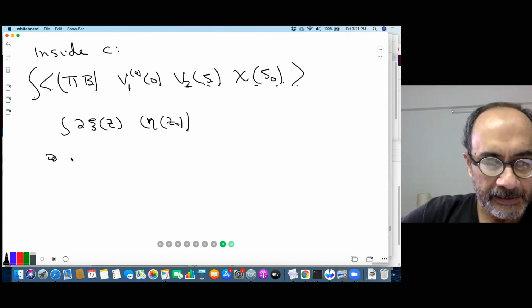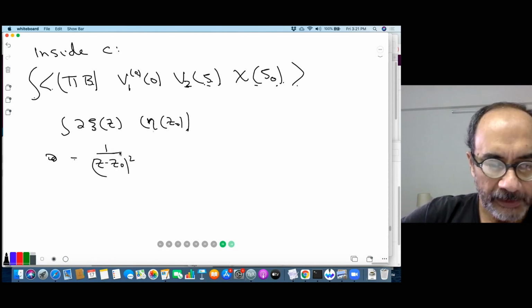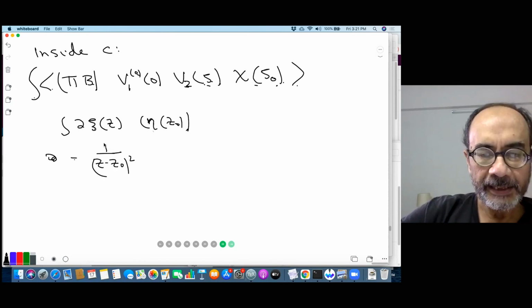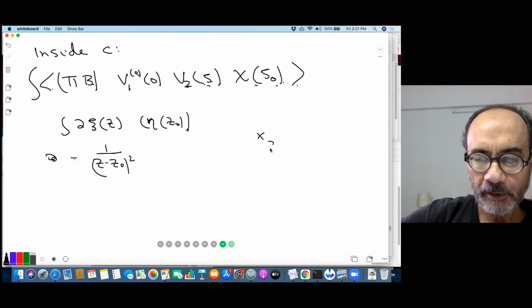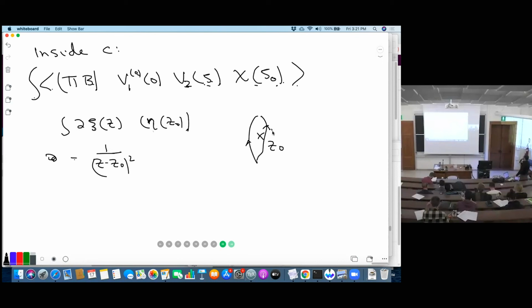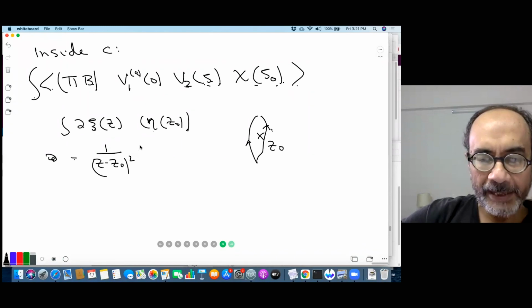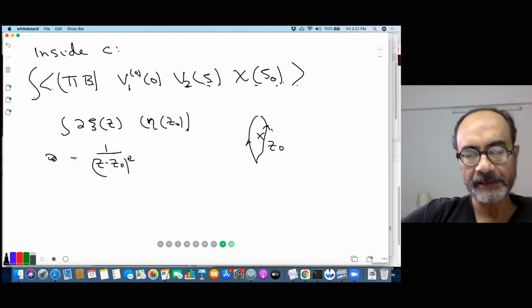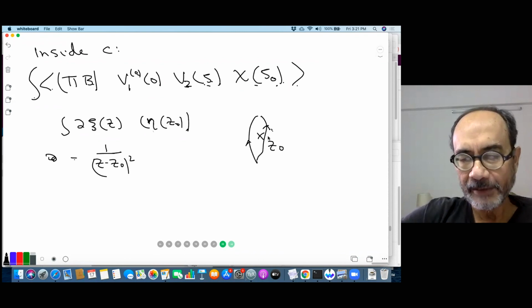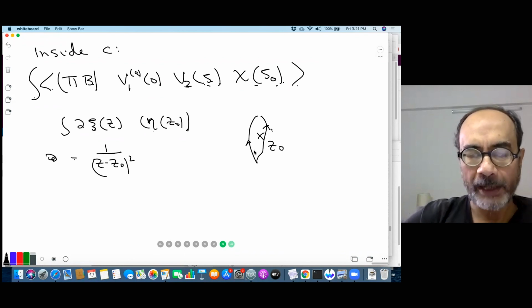So this goes as 1 over z minus z naught square. So when you do the integration over z, it doesn't matter which side you go. Whether you go from this side or that side, it gives the same result. Oh, I see. So that's why it works. But if you try to vary more than one at a time, then there will be some linear terms. And then that will give a single pole and mess up this nice feature. And that's the reason why you have to always move one at a time.